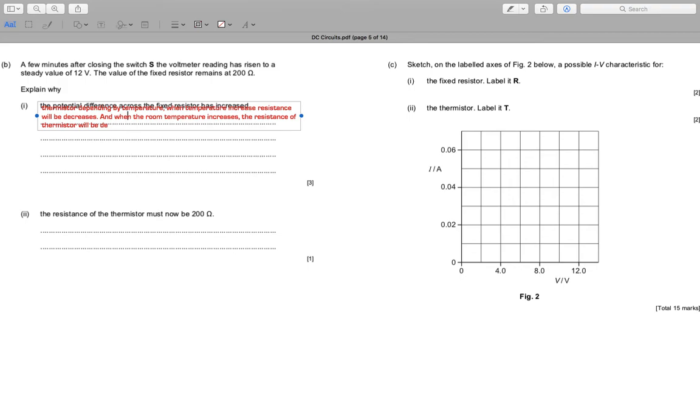Wait. The thermistor depends on temperature. When temperature increases, resistance decreases.